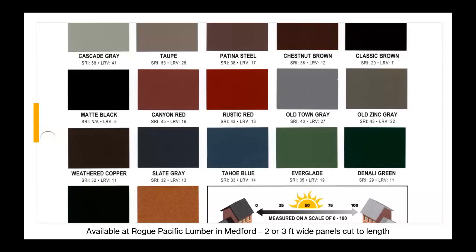It does take a little bit of skill to cut the metal yourself, but they come in 2 or 3 foot wide sections. It's roofing, so they're a little wider, like 37.5 inches wide for the 3 foot, and then they overlap. So you overlap the roofing to get the right width for your fence.